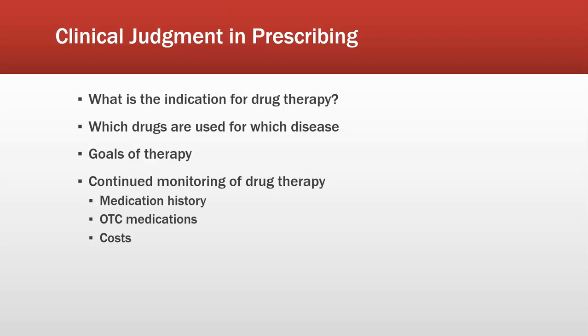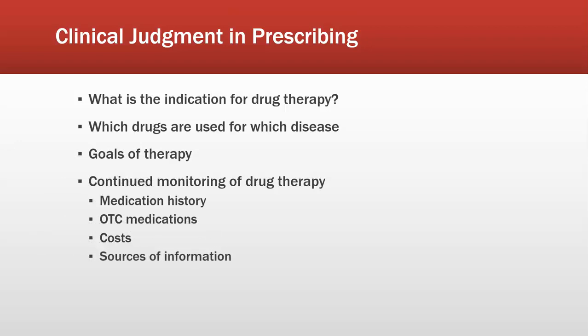So what you consider is, okay, this is the medicine I want to give them, but maybe I can't. Let me look and see if there's another medication in this class that they can afford. Depending on where you work, it's always great to check the Walmart $4 list, because if you can prescribe something off the $4 list, your patient's probably going to take it.